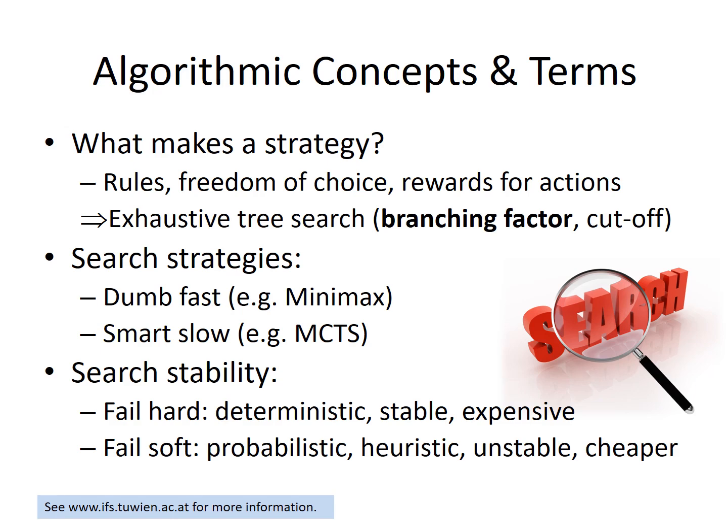Okay, another term that you should be aware of is the so-called search stability. There are two possibilities: fail hard or fail soft. Fail hard means that you try as hard as possible to find the ground truth, that means the best option of all that exists. That is quite deterministic. It is quite stable, but it is also quite expensive.